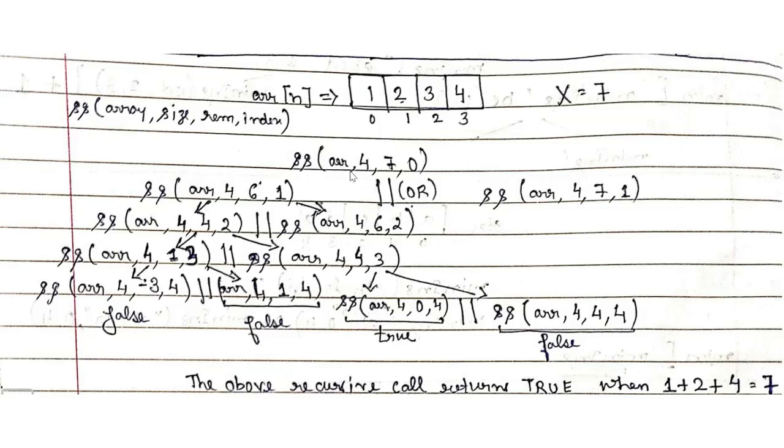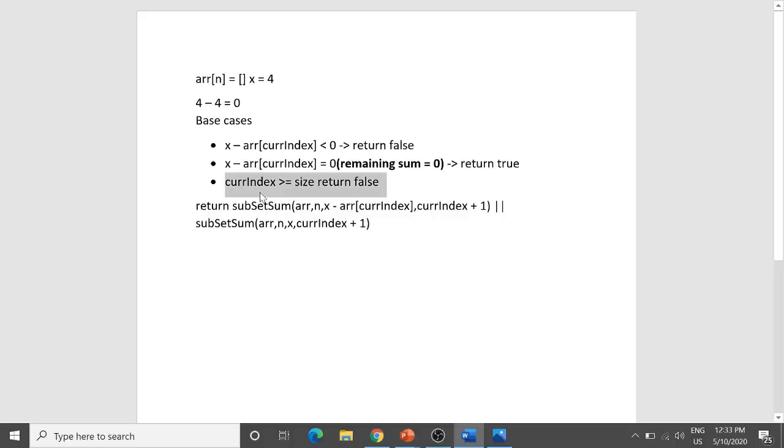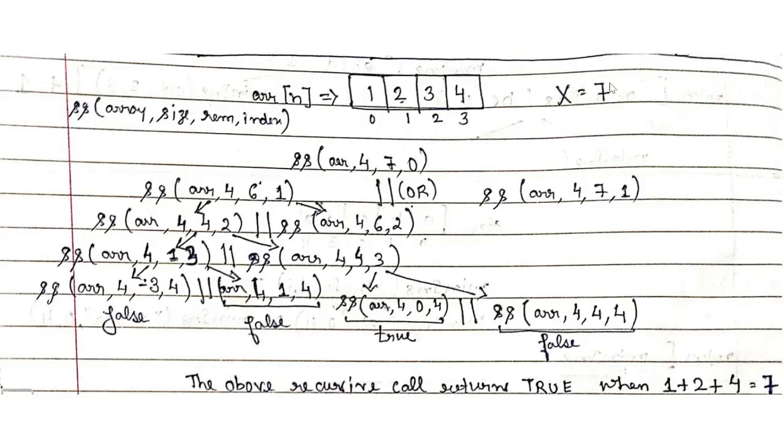Now how did we get it true? This subcall has returned true. And what was this subcall? When I included the element present at index 0, that's why I reduced 7 to 6. So I included 1 over here. I am now calculating how I got 7 and which subset led to 7.